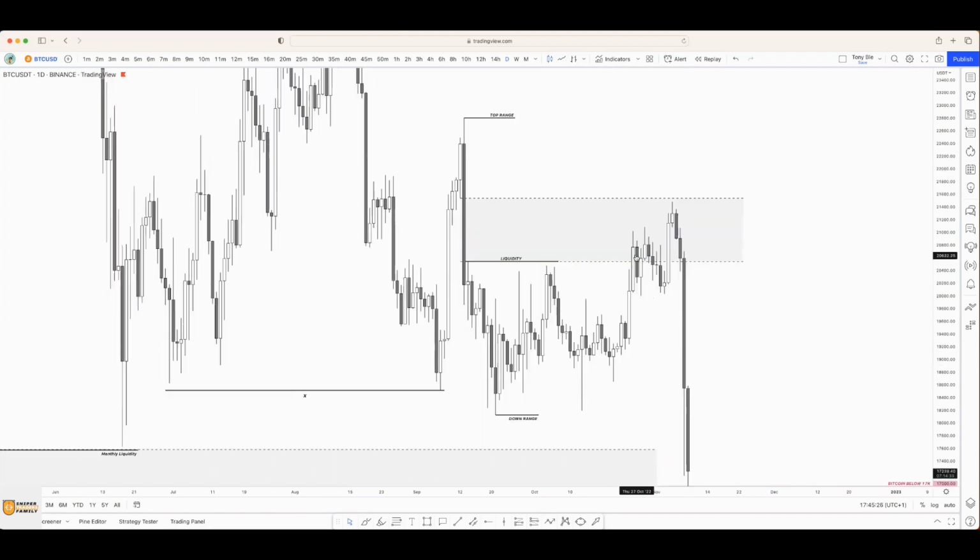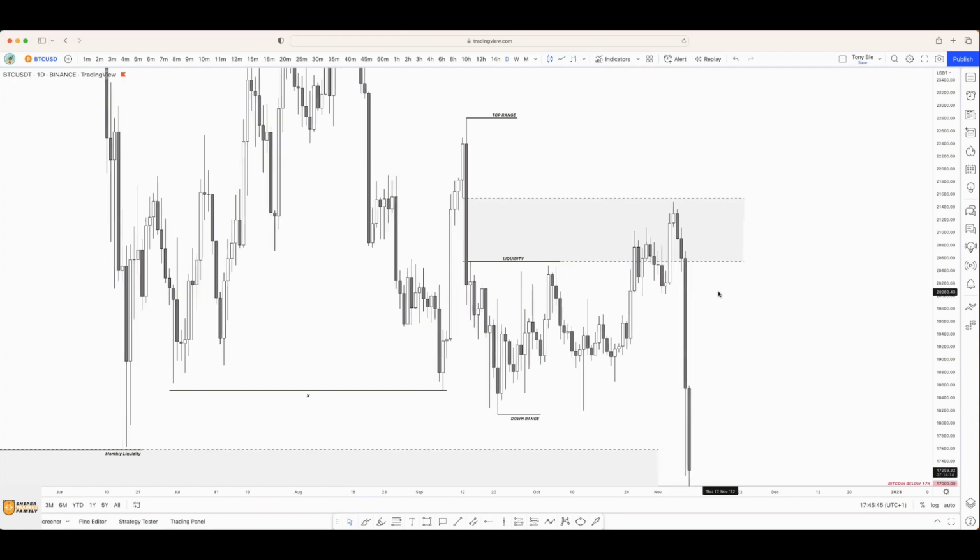So we had how many days inside? That's 13 days, if I'm correct. So 13 days, price came into the imbalance, came back down, and then went back in. So 13 days of back and forth before price started to make the move to the downside.